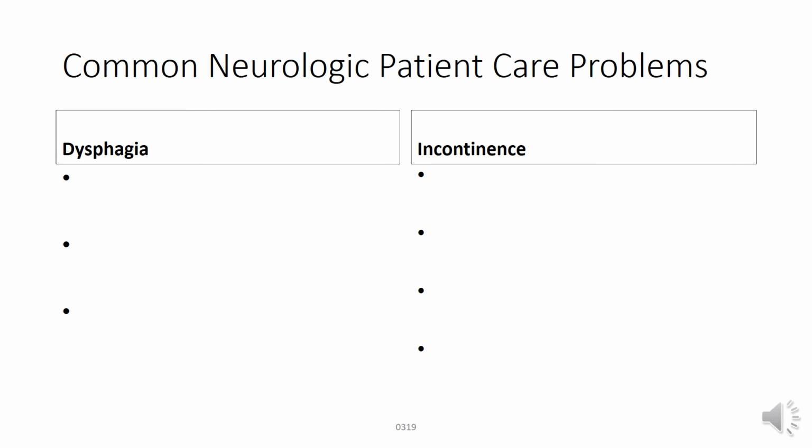This is to avoid aspiration of any abdominal contents that may come up as a result of weakened stomach muscles following a neurological assault. And then they may also need to be tube fed if they're unable to swallow without choking.